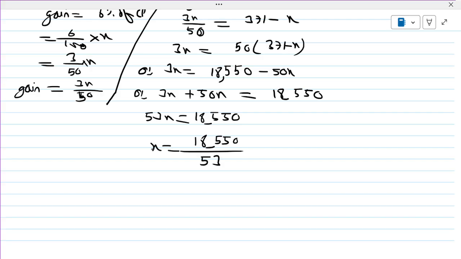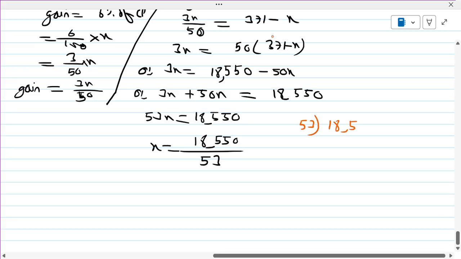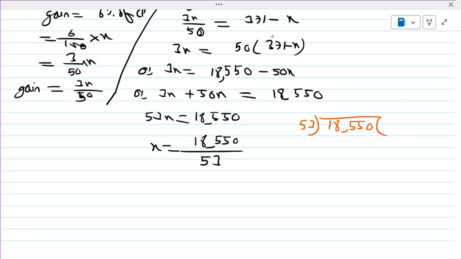Now we'll do long division to check the value of X. By 53 we have to divide 18,550. So let's consider 53 as 50. 18 will not go, so we take 185. 53 will obviously go 3 times.